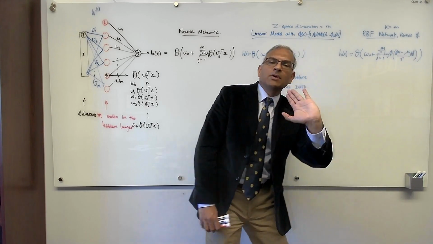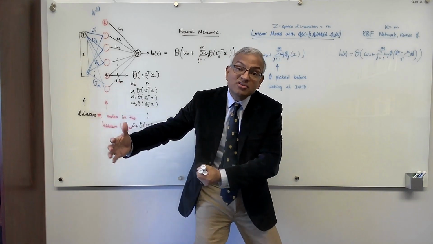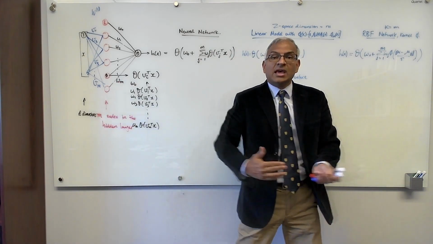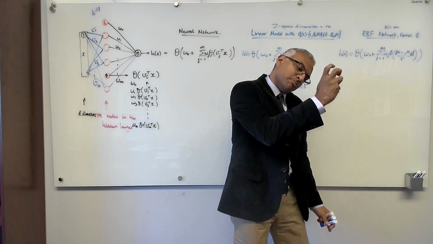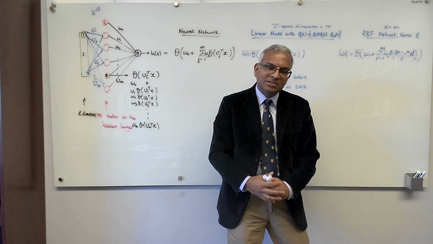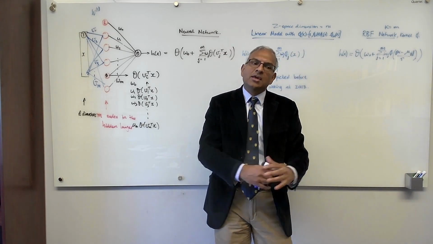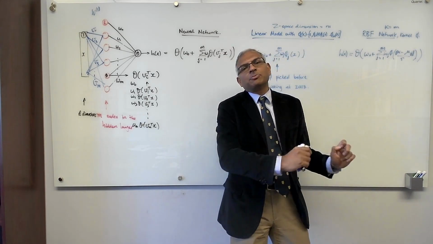Now, what did we say when we talked about the RBF network? Based on the philosophy behind how it was derived, where we're placing bumps on the data in order to represent the data, we said that we can pick the mu j's in an unsupervised way to just be the centers of clusters that represent the data.